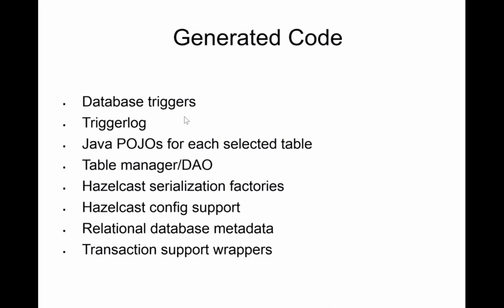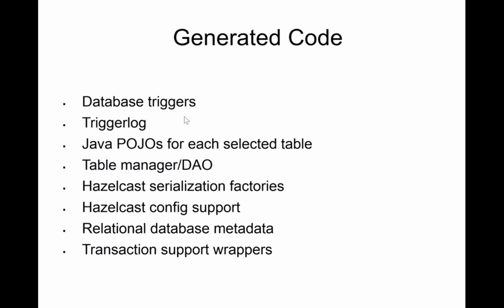Actually, Speedment and Hazelcast transactions are fundamentally the same, and there's a one-to-one mapping between them. There is a small class that acts as an intermediary between the two frameworks; basically, it's just the method names that differ. But you don't have to use transaction support if you don't want to, because it will affect the Hazelcast map performance, obviously. So you can select that depending on what kind of application you have.